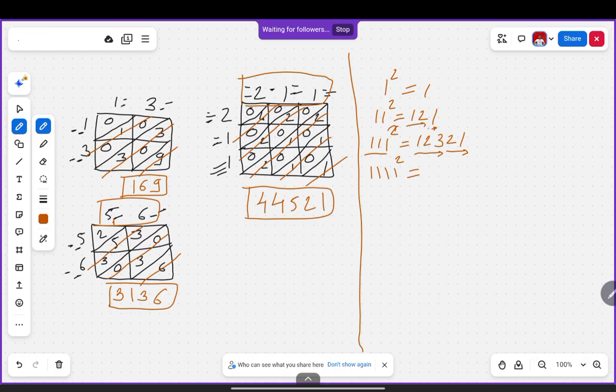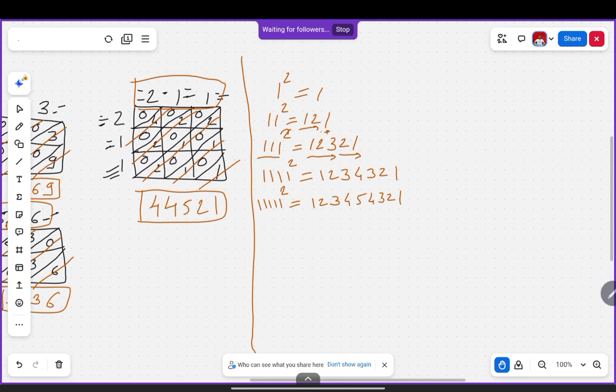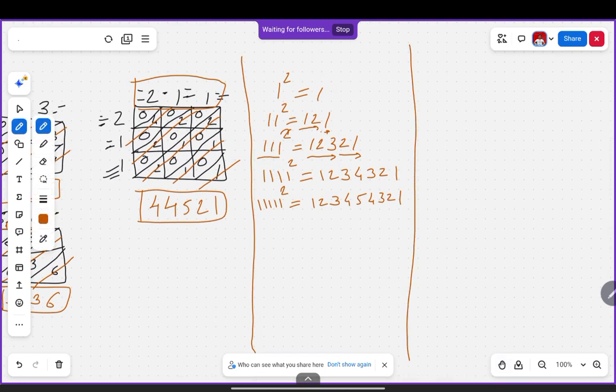You write 1, 2, 3, 4, 3, 2, 1. Simple. What if you are asked to calculate the square of five ones? Guess. Right. 1, 2, 3, 4, 5, 4, 3, 2, 1. With this, you can calculate the square of any number which has all ones in a fraction of a second.